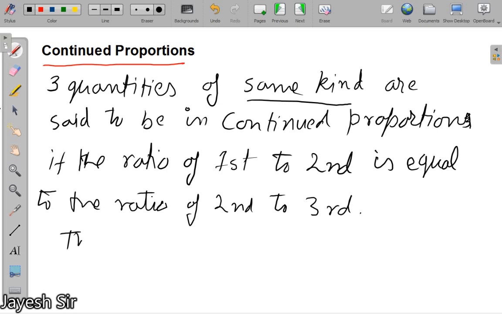That is, first quantity is A, second quantity is B, its ratio should be equal to B ratio C. So there are only three quantities. All three are positive integers.